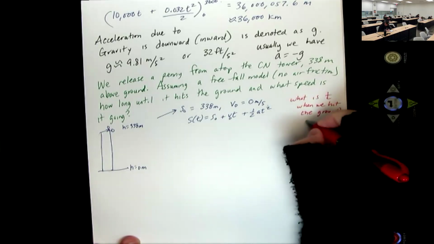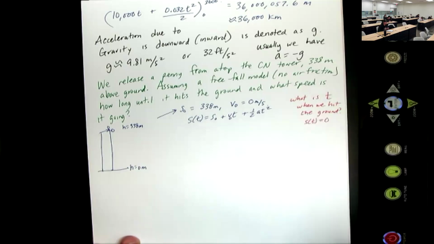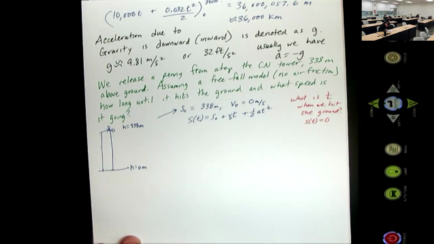Well, when we hit the ground, S of t equals 0. S is our position function, so we set that to 0.